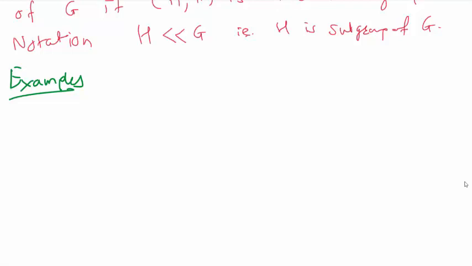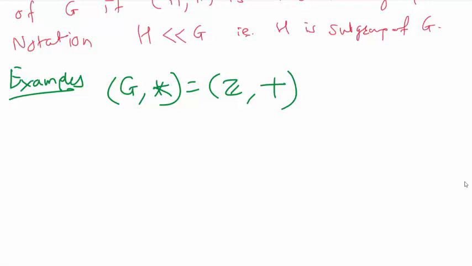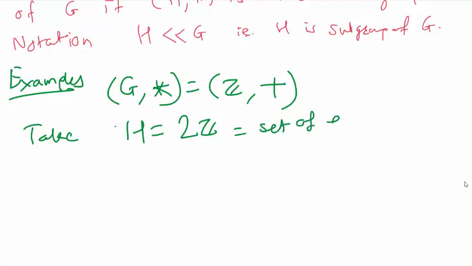We already know if we take G as the set of integers, that means 1, 2, 3, 4 like that, and 0, minus 1, minus 2 like that, star we can take as addition. So take H equal to 2Z, that means the set of even integers.